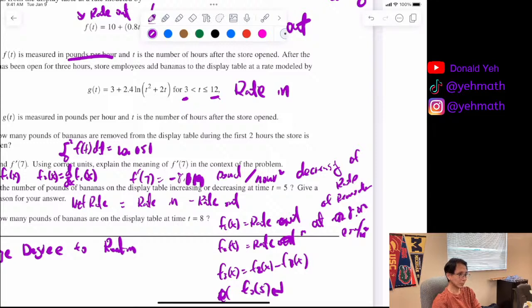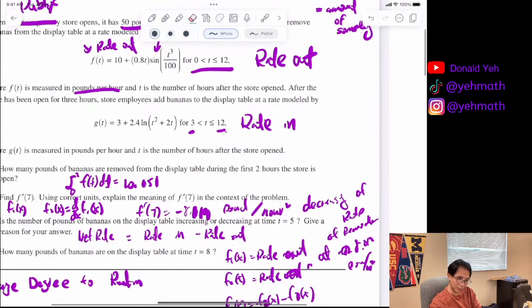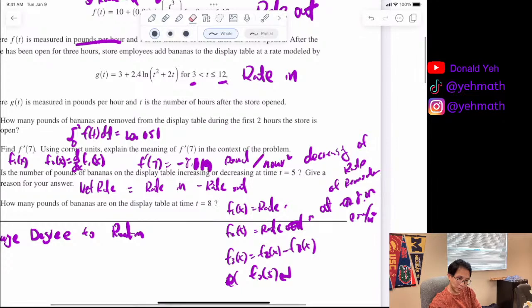Does that make sense, Jared? F2 of x is rate out, and this is rate in. So the first one is out and in, so you want to do 2 minus 1.